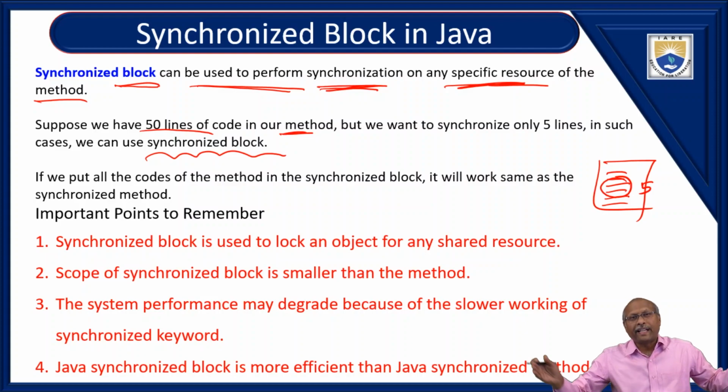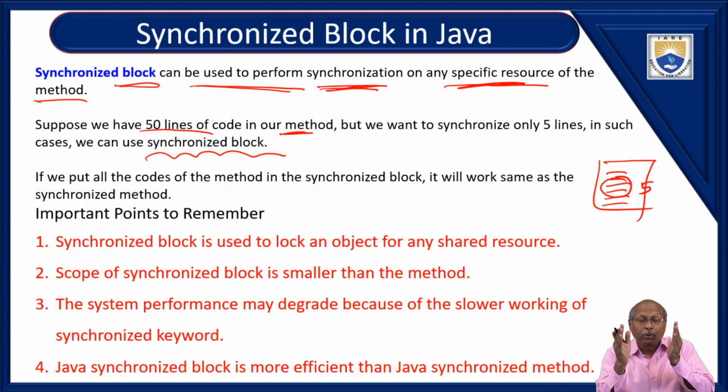Instead of controlling the entire method, I will set a few lines of the method, because the method may have multiple lines. In this example, I told there are 50 lines in a method, but out of all, I am synchronizing only 5 lines. In that case, you can create a block. In that block, you can keep these 5 lines so that these 5 lines can be synchronized.